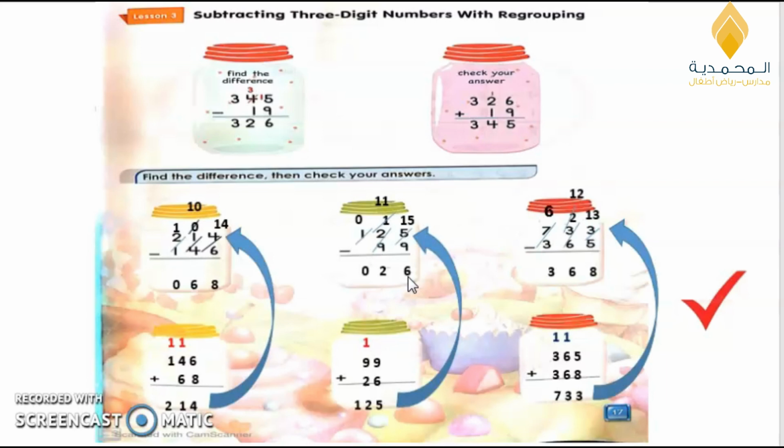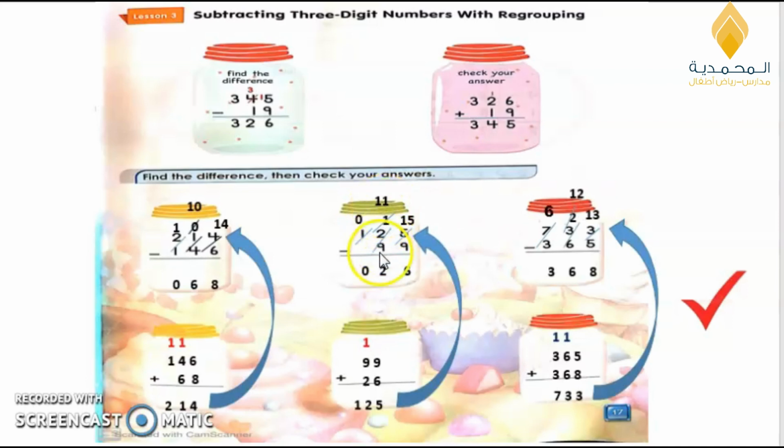Then I will go ahead and subtract the tens place. Here's 1. 1 minus 9, again we cannot do it because we cannot take away 9 from 1. So we will move to the hundreds place and take 1 from the 1. So it will be 0. And put 1 beside the 1 here, it will be 11.